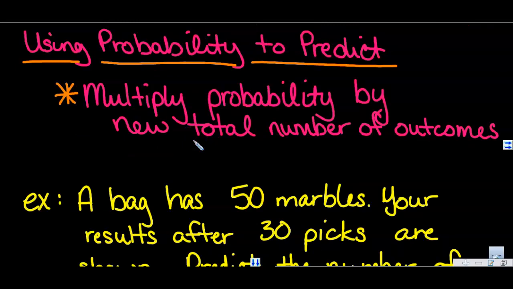How do we use these probabilities to help us predict situations? Well, simply put, we're going to multiply the probability that we've calculated by the total number of outcomes that we know is possible. Here's an example.